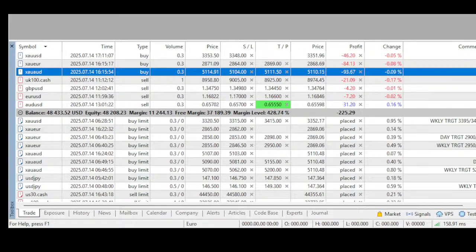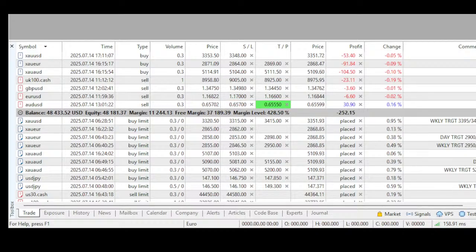Then the same thing for the gold US. Let's reduce these two first. Let me see the system, then I get some idea.